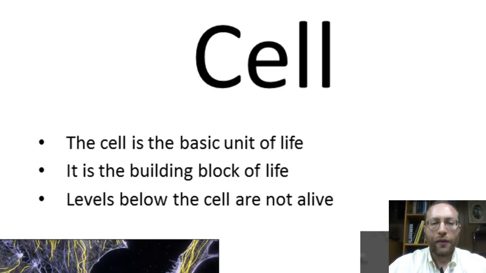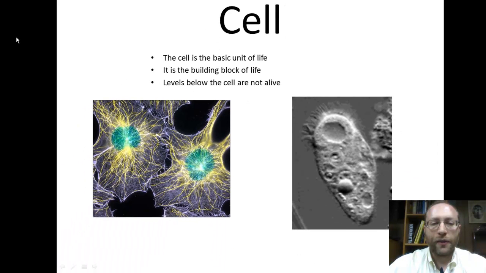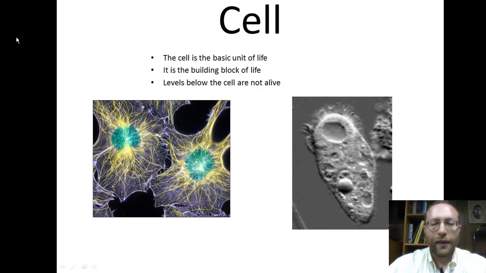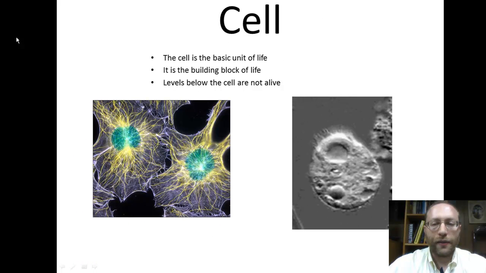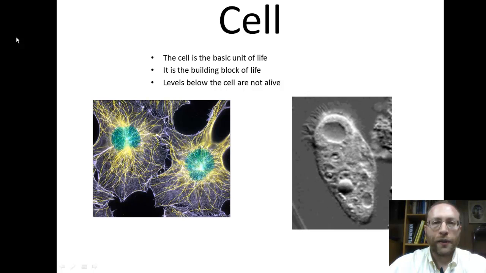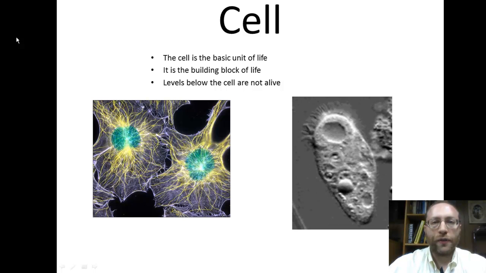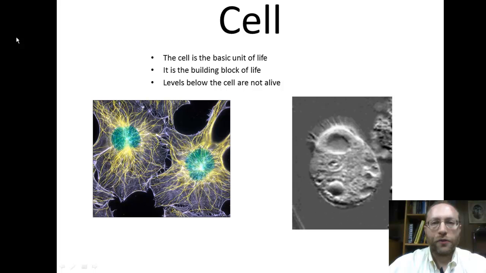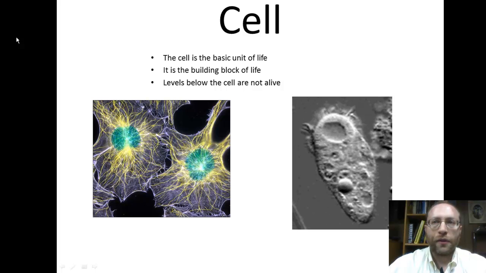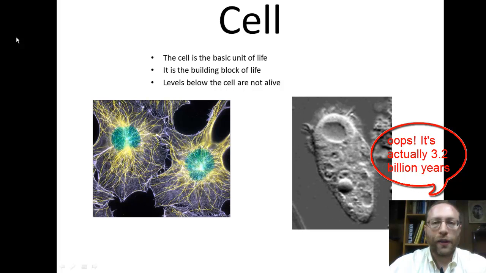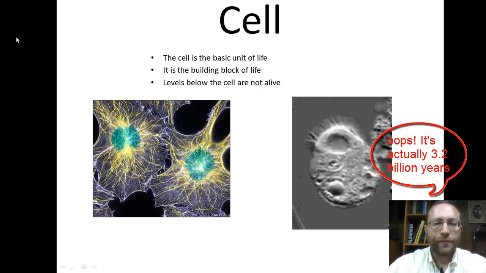We are all made of cells, and what you see on the left is a mouse cell, and what you see on the right is a unicellular organism. For the majority of the history of life, for about 4 billion years, all life was just single-celled.